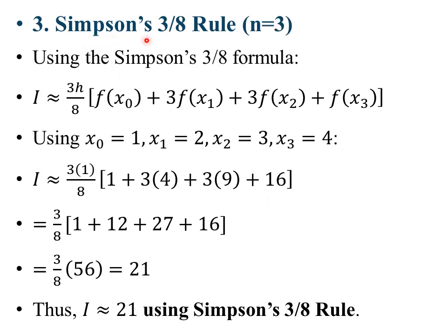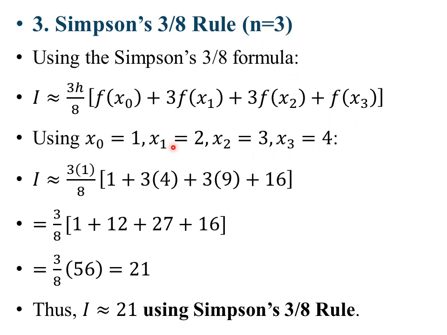Simpson 3 upon 8 rule. Here n equal to 3 is given. Using the Simpson 3 upon 8 rule, we use the formula with x0, x1, x2, x3. You know n equal to 3.